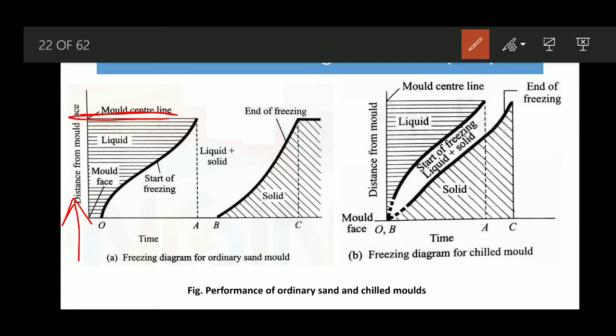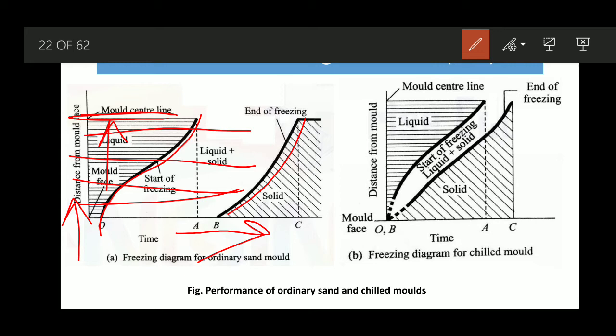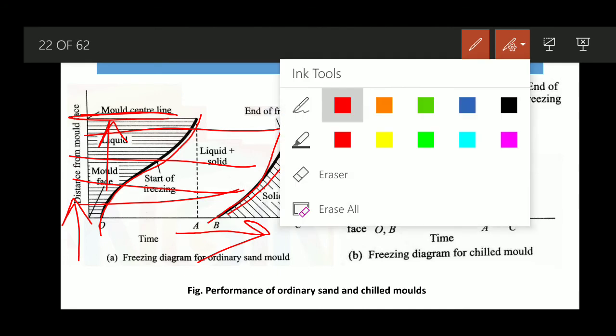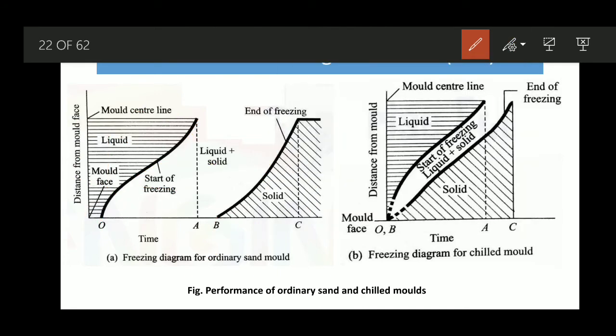This line shows the starting of freezing at different distances from the mold face, and this line shows at those different distances when solidification is over, that is the end of freezing. So this is the freezing diagram.